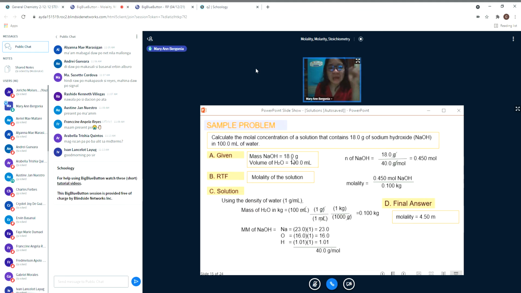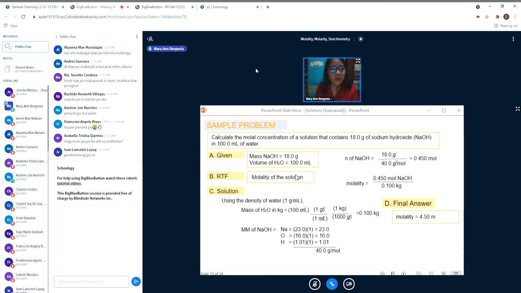Dahil siya yung pinaka-mababa, siya dapat yung significant figure ng final answer natin, which is 4.50. Yes po. Huwag kayong malilito doon mga anak, yung pinakamaliit. Kailangan ninyong masanay kay significant figures. Questions pa po?